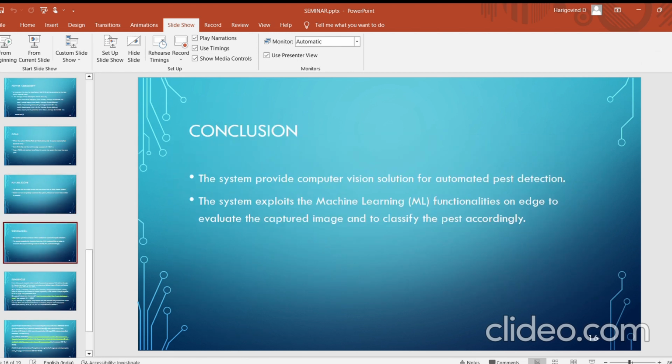As a conclusion, I would like to say that the system provides a computer vision solution for automated pest detection. This could be a completely automated system which captures the image, pre-processes it, classifies it, and gives certain output based on it. The system exploits machine learning functionalities to evaluate the captured image and classify the pest accordingly.